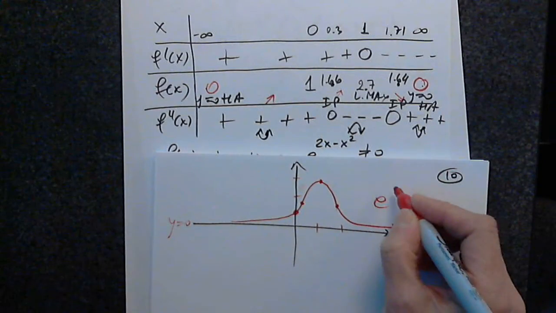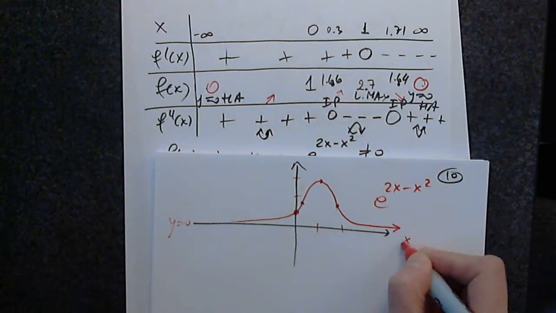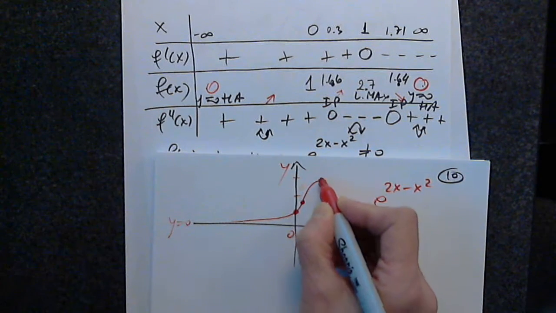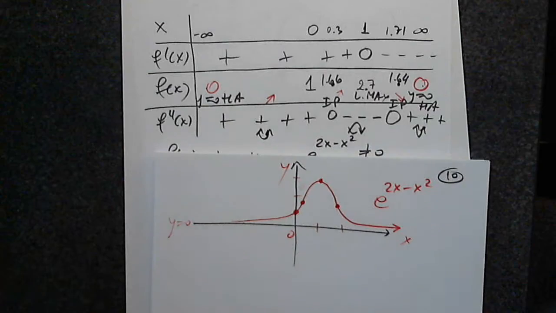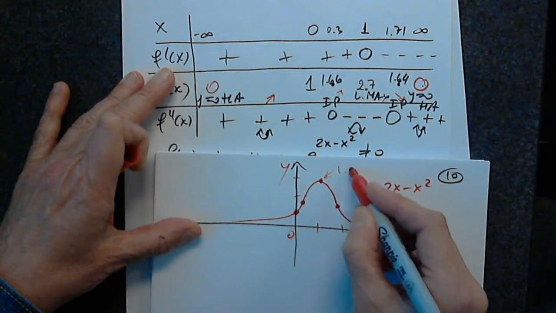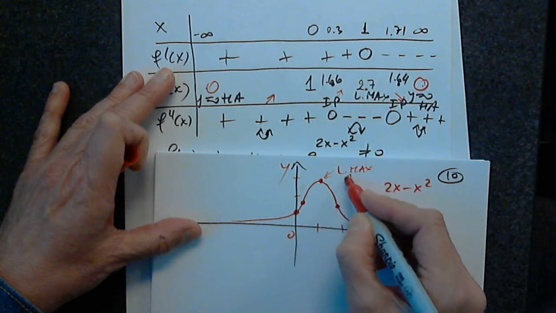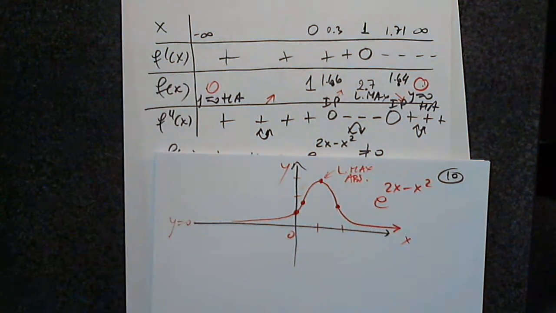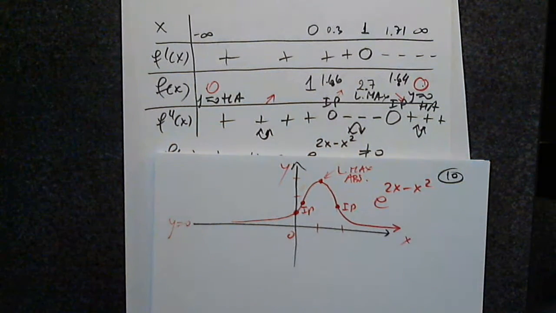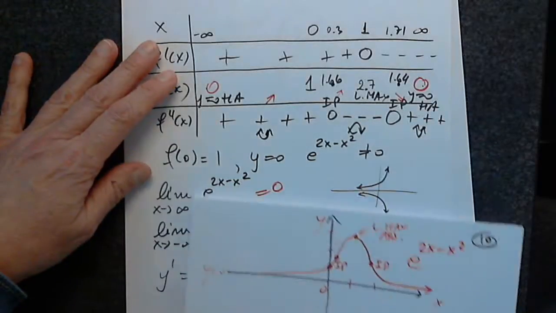This is the graph of e to 2x minus x squared. So this is an inflection point, and a local max, and it happens to be an absolute max. And here the y-intercept.